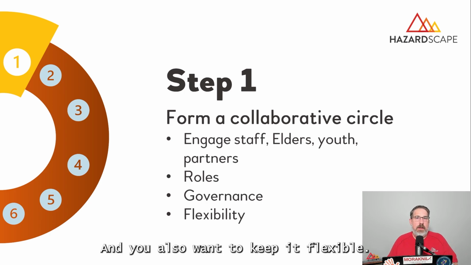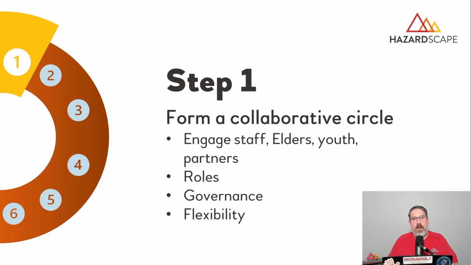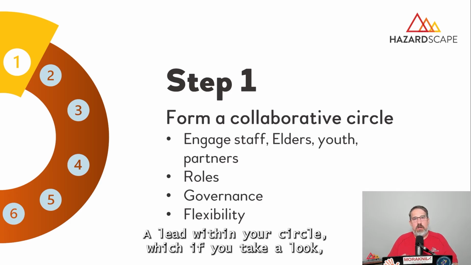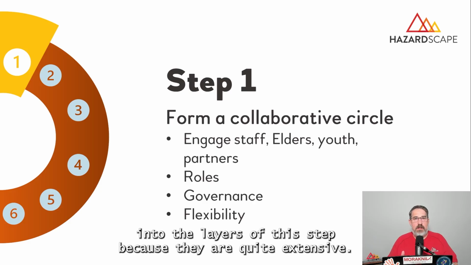And you also want to keep it flexible. And that's where we get into this idea of circles, a lead within your circle, which, if you take a look at our channel, we've got a video that goes far more deep into the layers of this step because they are quite extensive.